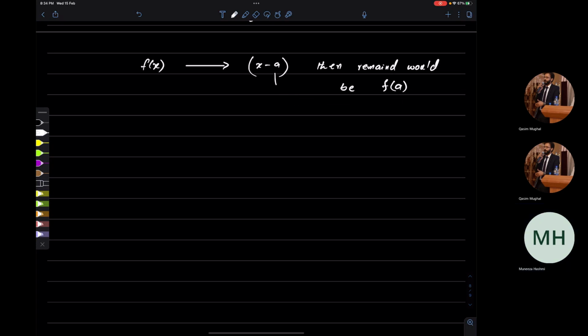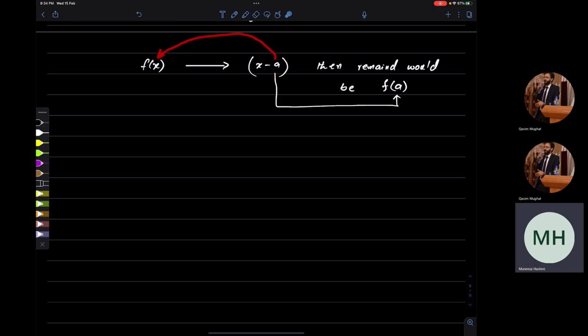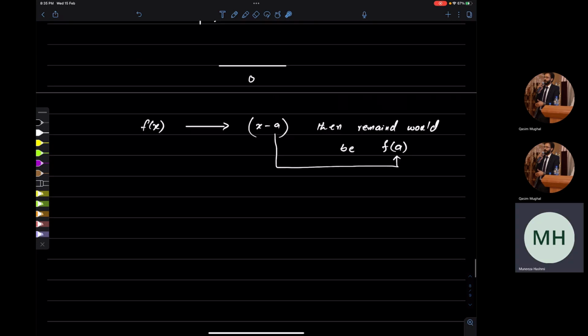So that is going to be the remainder. Now, this number, change the sign, plug it into the function, whatever value you get, that would be your remainder.